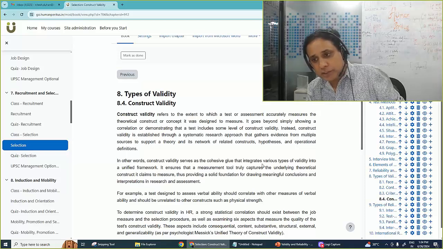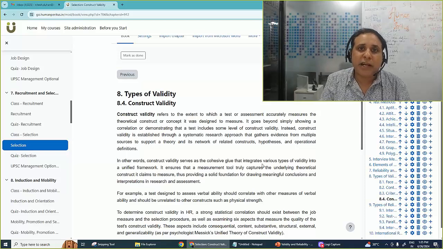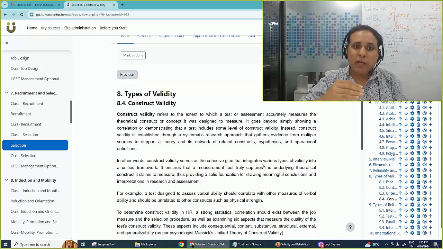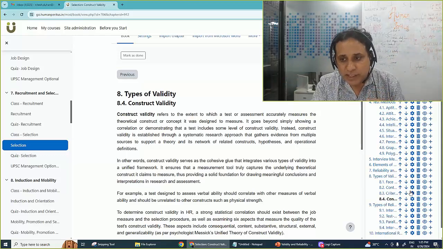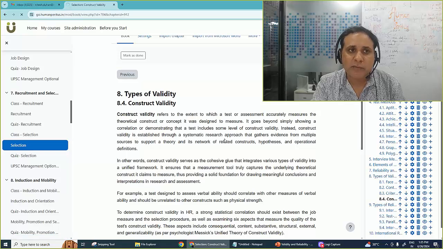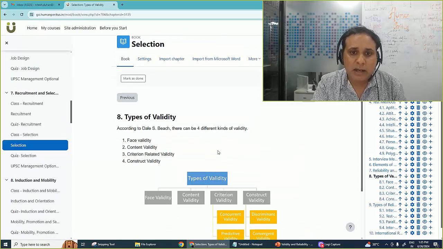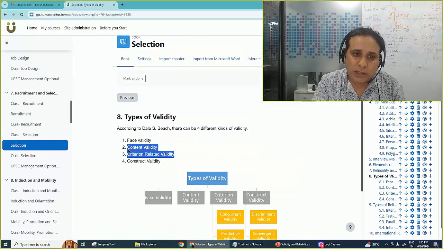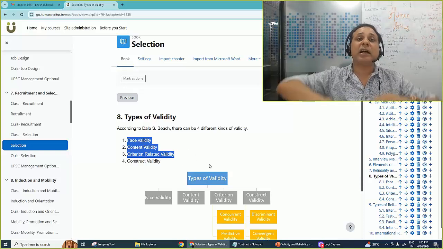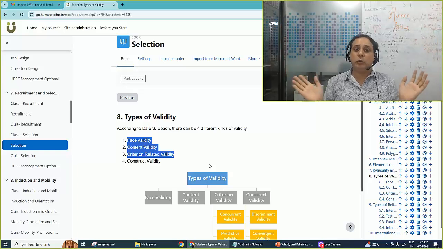So guys, first things first, please understand construct validity is a larger concept, and in some books you will also find that face validity, content validity, and criterion validity can be thought of as subtypes of construct validity. Construct validity is a larger umbrella to check the validity.